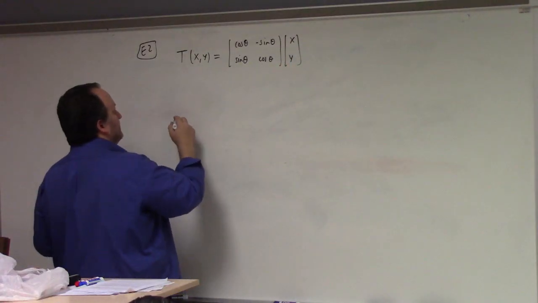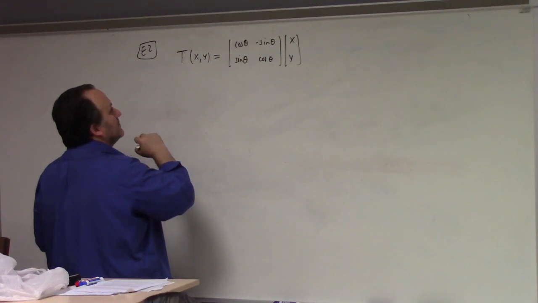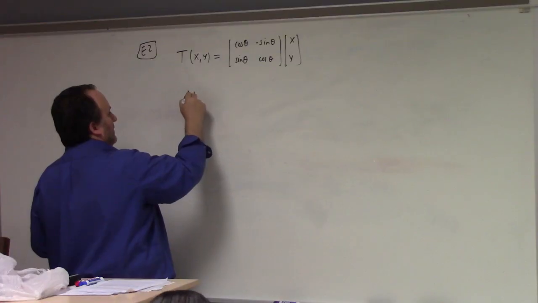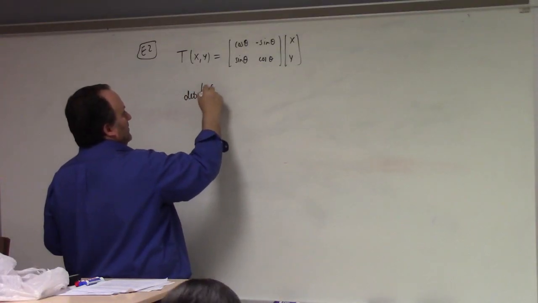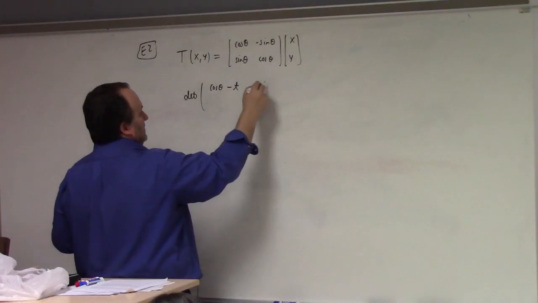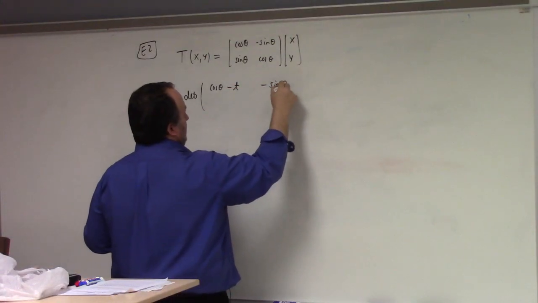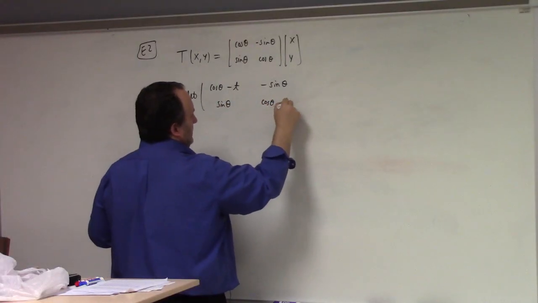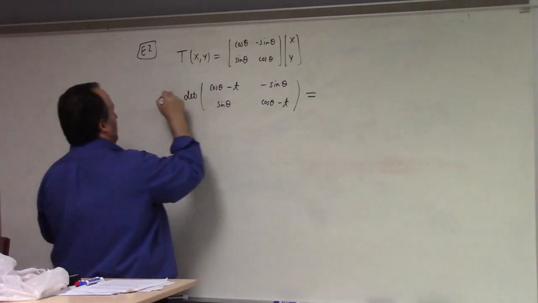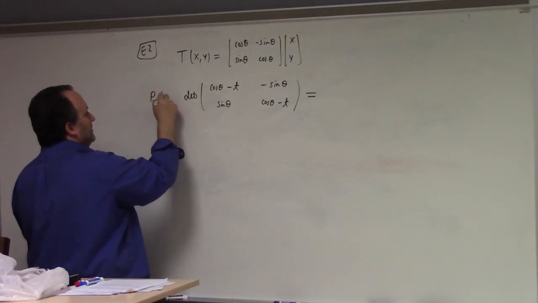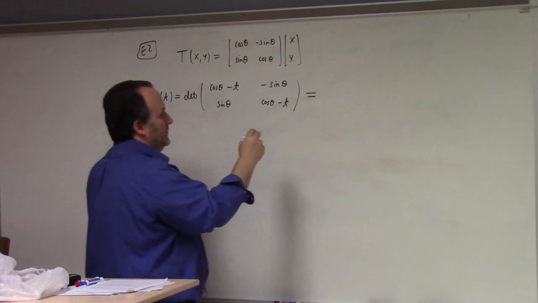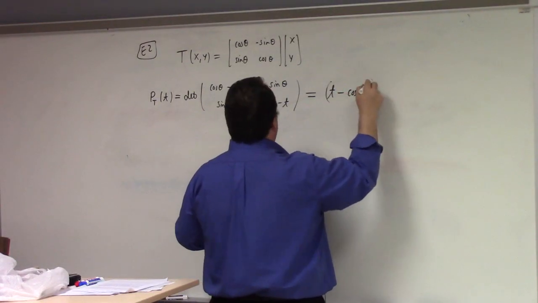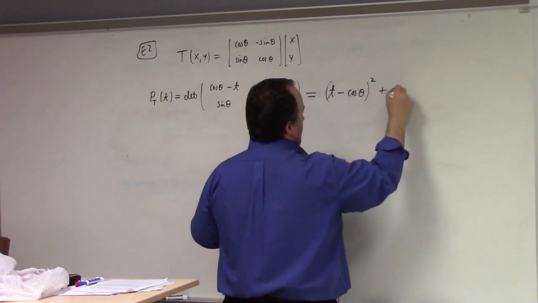In this case, the characteristic polynomial is the determinant of cosine theta minus t, minus sine theta, sine theta, cosine theta minus t. So here's my p sub t of t. It's t minus cosine theta, squared, plus sine squared theta.